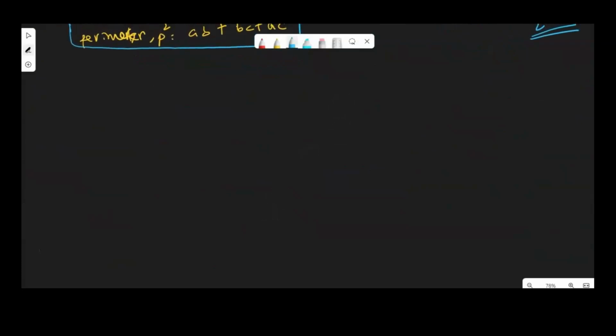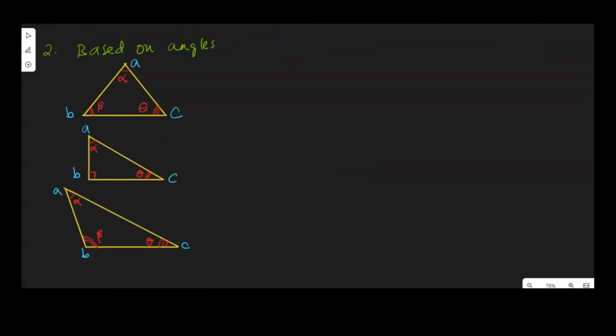Let's go to the second classification of triangles, based on angles. The second type of classification of triangles is based on the internal angles of the triangle. The first classification is the acute angle triangle.